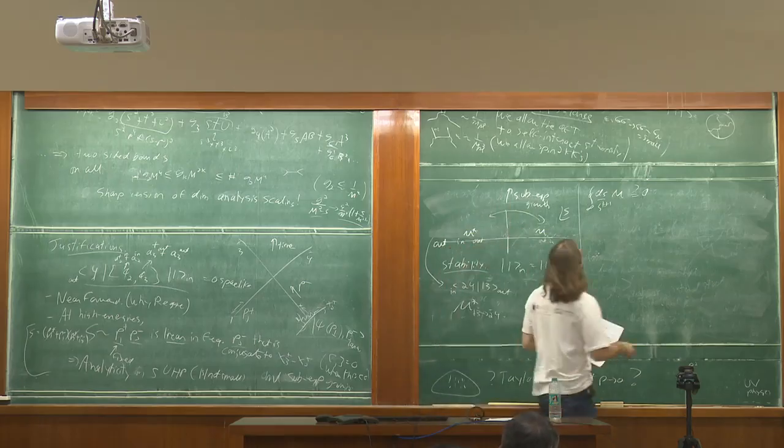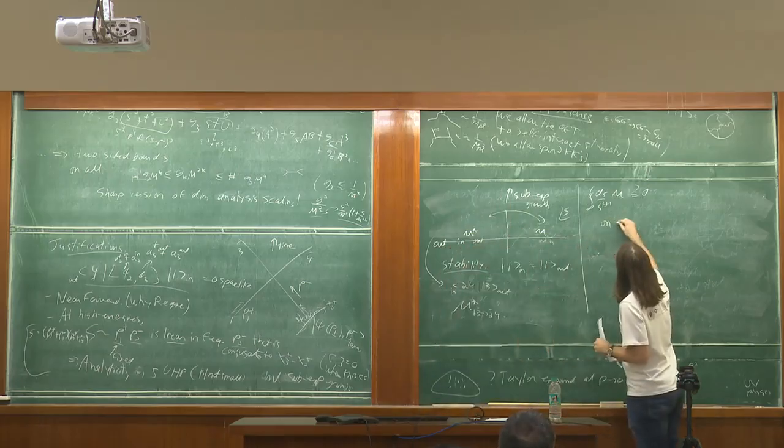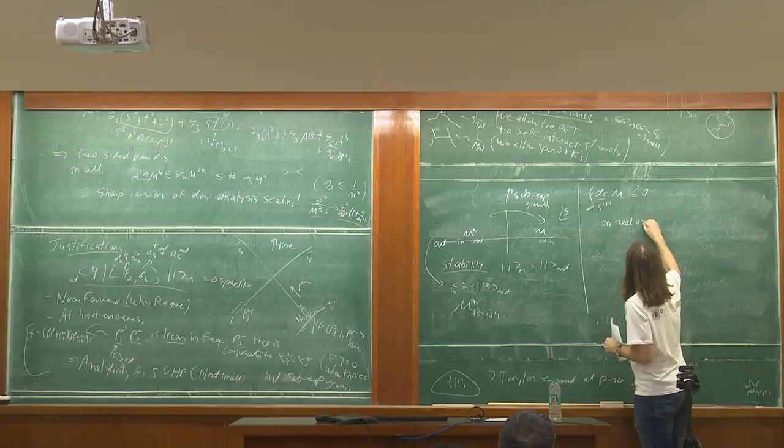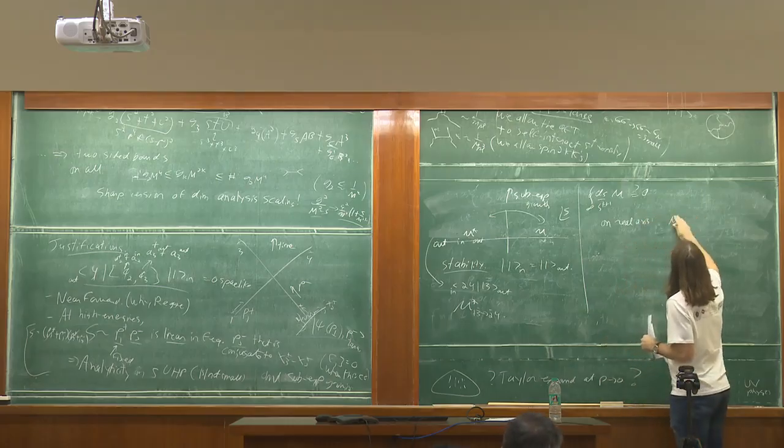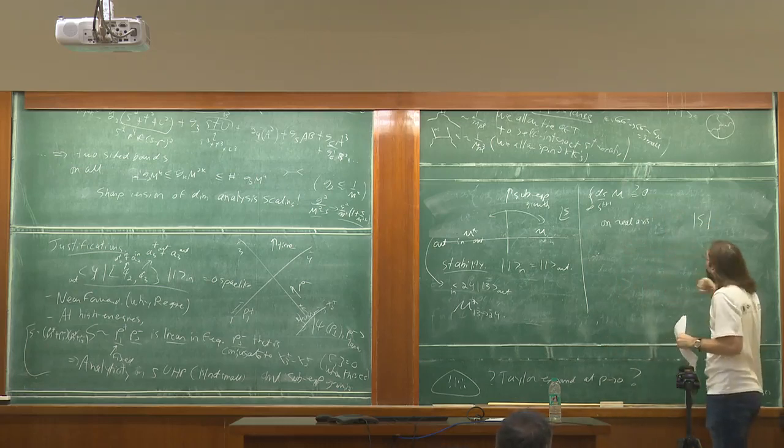Okay. So then we use that on the real axis, this amplitude M basically comes from a matrix element of the S matrix, which is unitary.